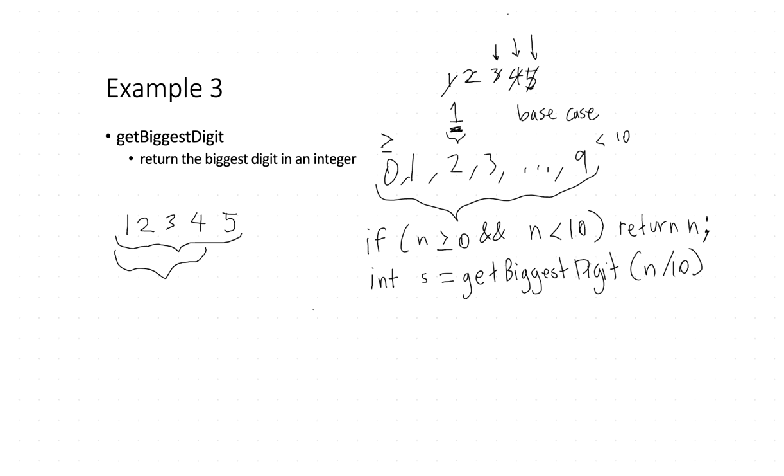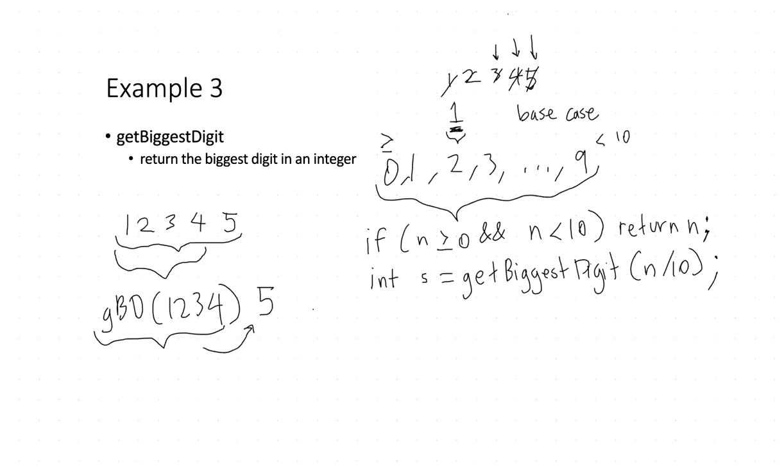The reason is, if we do this with 1, 2, 3, 4, we want to first get the number that is the biggest digit in the smaller version of the problem, and then compare it to the 5 that you left out.